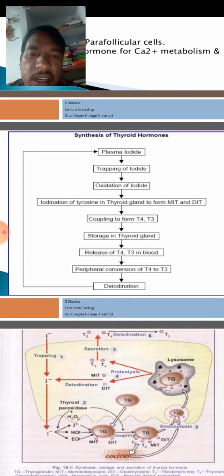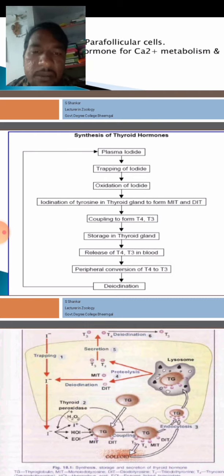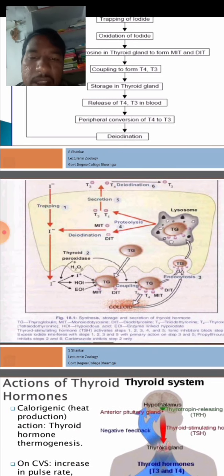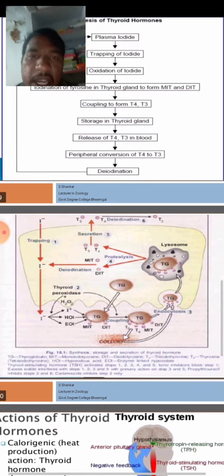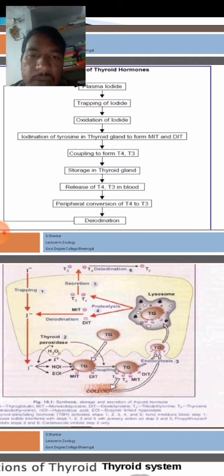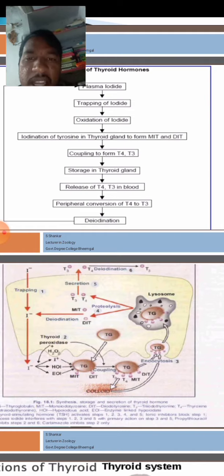The oxidation of iodide leads to iodination of tyrosine in the thyroid gland to form MIT and DIT, monoiodotyrosine and diiodotyrosine. Coupling forms T4 and T3. Storage in the thyroid gland.